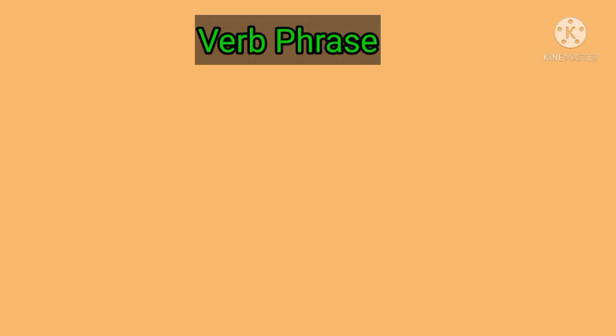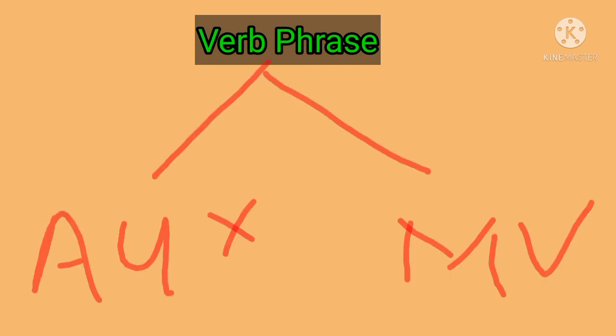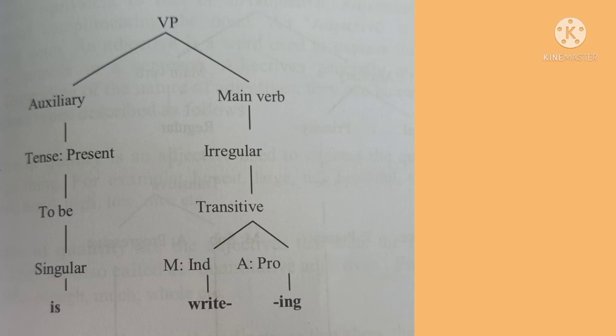The verb phrase is generally analyzed by using a tree diagram and binary cuts. Let's have a look at a few examples. In this example, the verb phrase is writing is analyzed in terms of auxiliary verbs and main verbs, and its tense, aspect and mood is also reflected in the analysis.